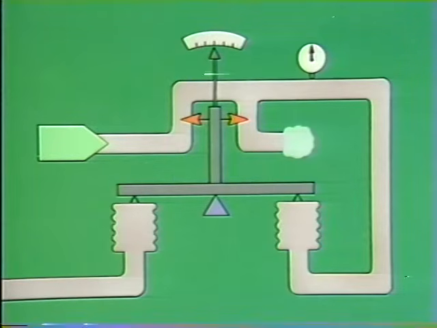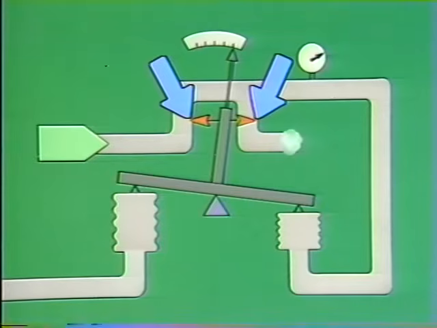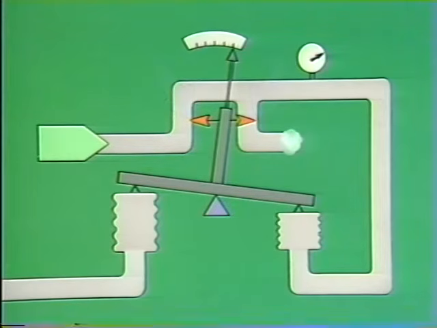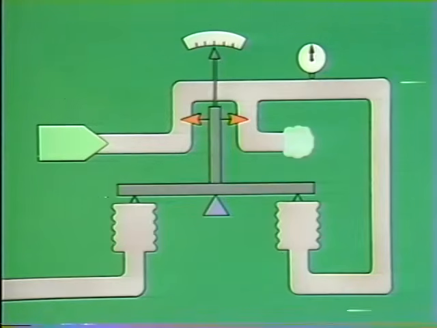It works like this. When an unknown pressure is applied to the input bellows, several things happen. The bellows expand, causing the error detector to move, which opens the supply valve and closes the exhaust valve, diverting the air supply pressure to the balancing bellows. As back pressure builds, the balancing bellows expands, opposing the expansion of the input bellows.